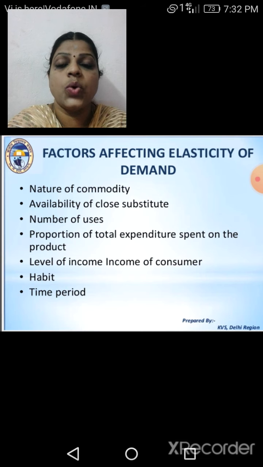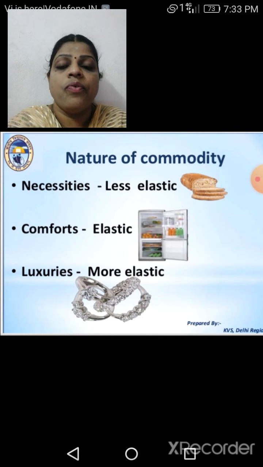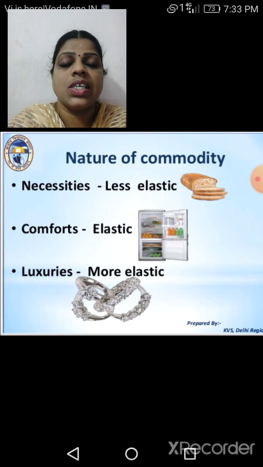So the first factor is the nature of the commodity. We know about the different types of commodities. Necessary commodities are there, comforts are there, luxuries are there. Isn't it? So in the case of necessities, the elasticity is very less.